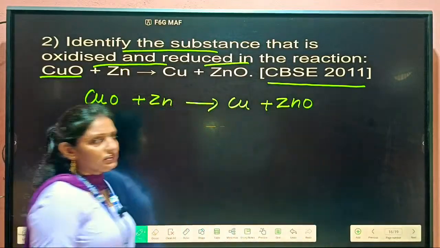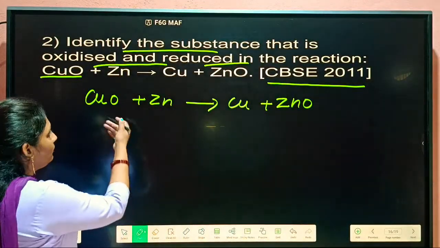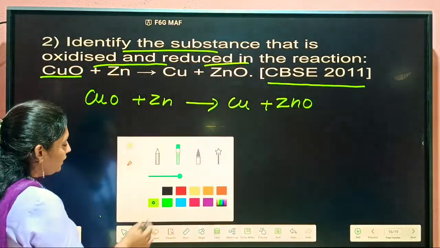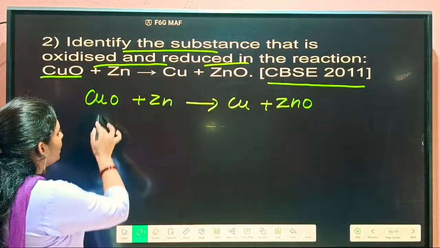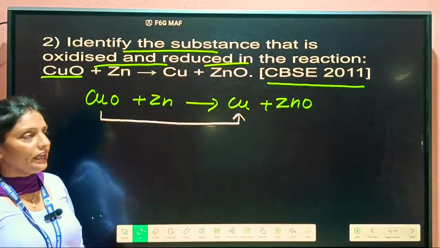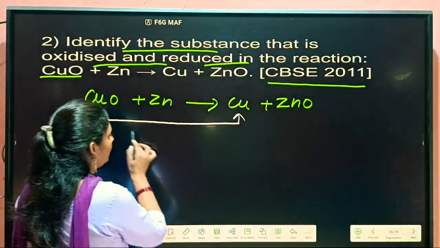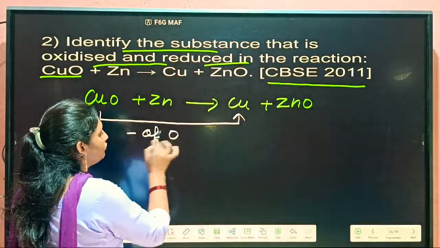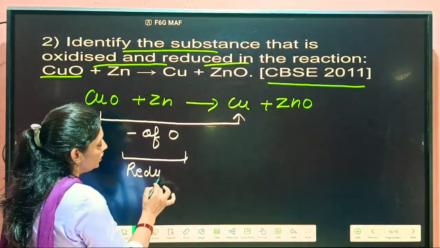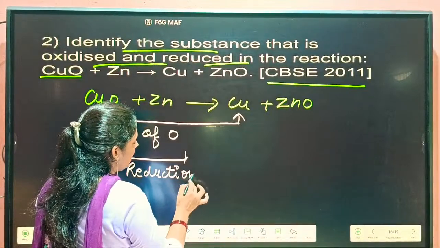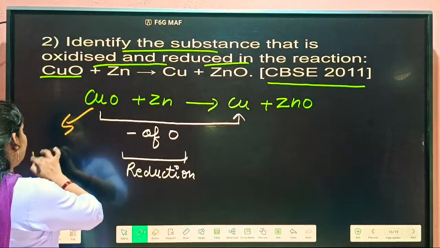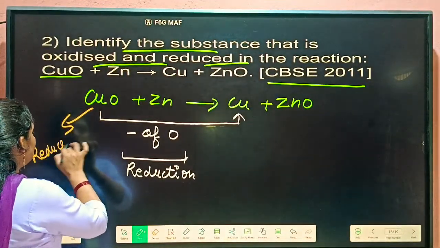Students, it is very easy to identify because here it is the oxygen concept that we applied earlier. यहाँ हम देखेंगे कि जहाँ ऑक्सीजन का रिमूवल होता है, कॉपर ऑक्साइड में ऑक्सीजन है बट यहाँ पर हमें कॉपर मिल रहा है, मीन्स ऑक्सीजन का रिमूवल. और ऑक्सीजन का रिमूवल रिडक्शन होता है. मीन्स कॉपर ऑक्साइड का रिडक्शन हुआ, it is reduced.